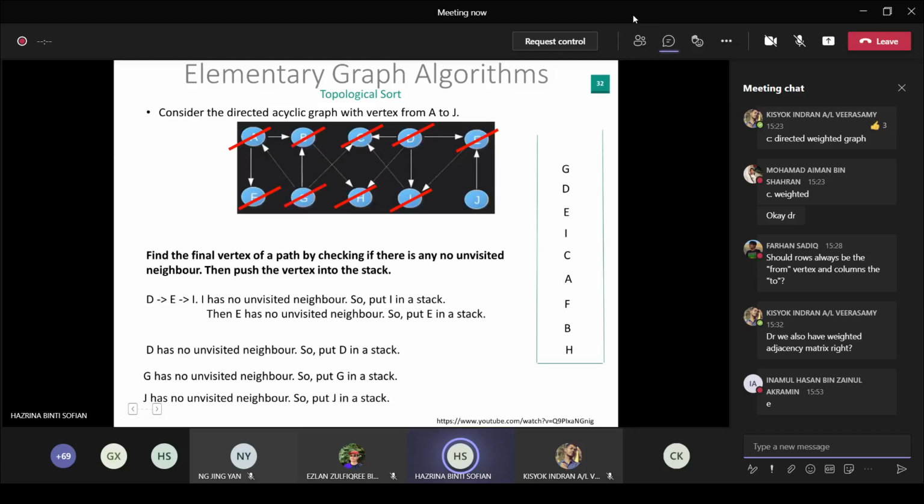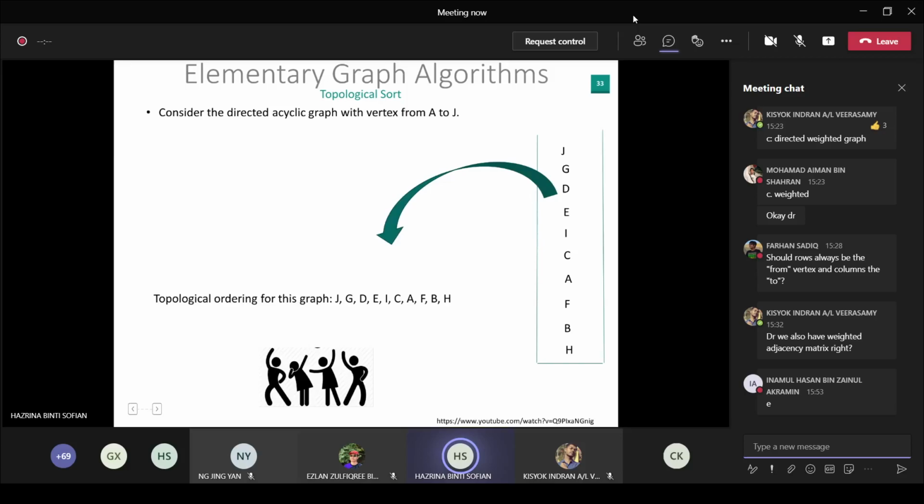And lastly, we put J into the stack. So the topological ordering for this graph is J, G, D, E, I, C, A, F, B, H.